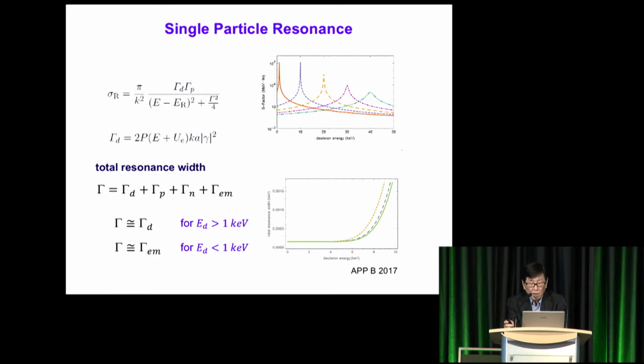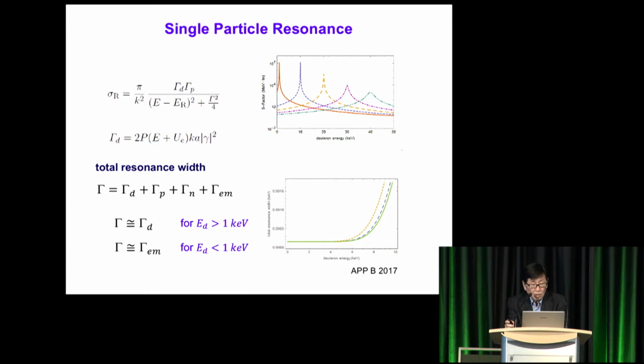However, at the deuteron energy below 1 keV, the deuteron width will be smaller than the electromagnetic width corresponding to electron conversion, internal pair creation, etc. The gamma 0+ to 0+ transition to the ground state is not allowed, of course.